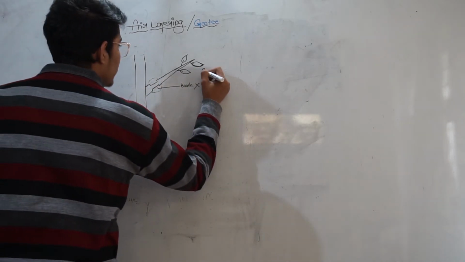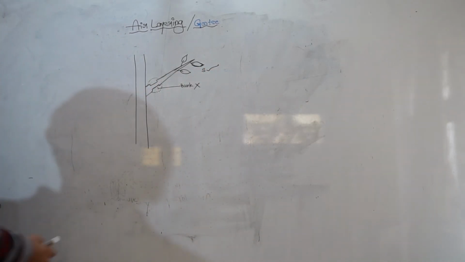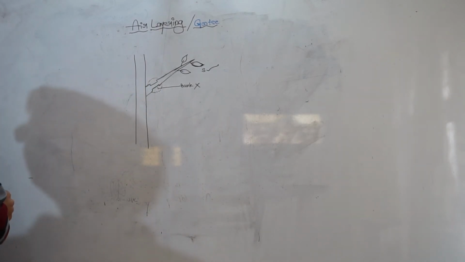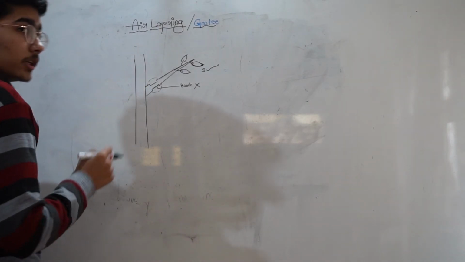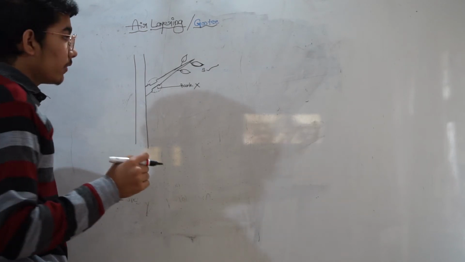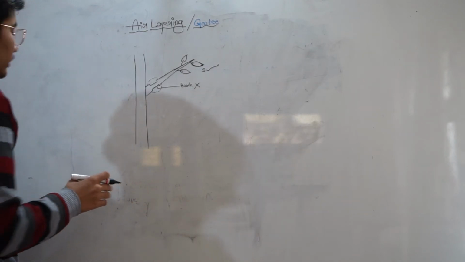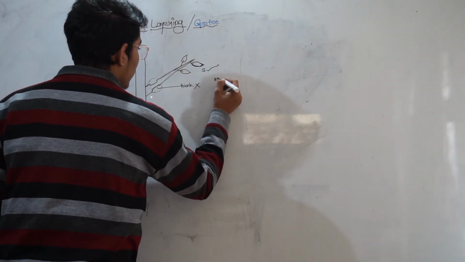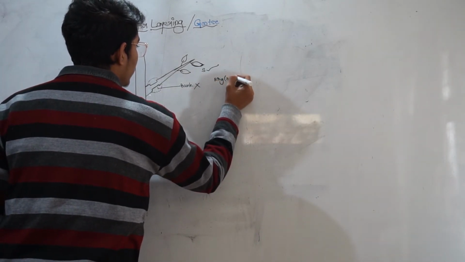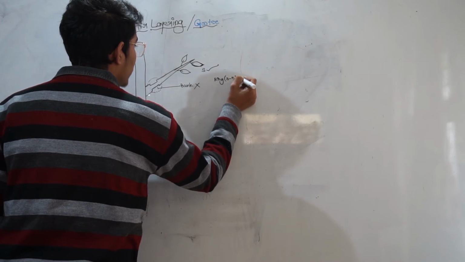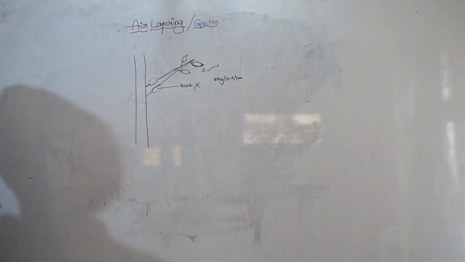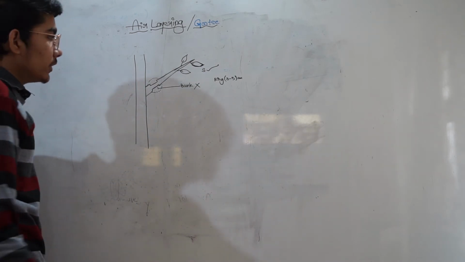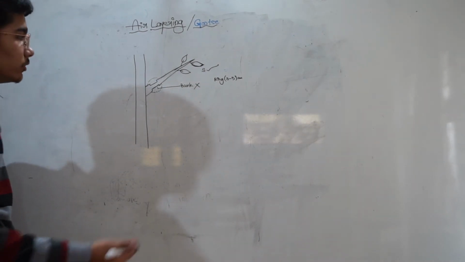The shoot system is present. I'm marking the shoot system as S, and the ring should be 3 to 5 centimeters in length. Now, due to the removal of bark, the vascular cambium is exposed.